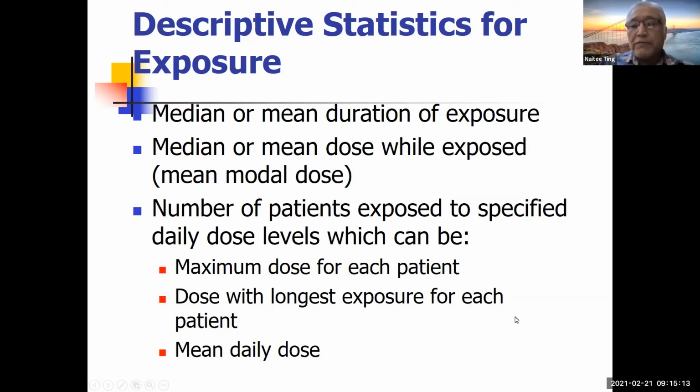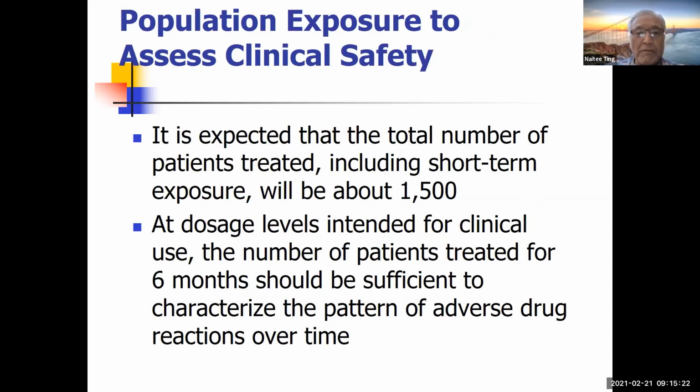If we design fixed dose, parallel trials, it's not that complicated. It is expected that the total number of patients treated includes short-term exposure. So these numbers are changing. Depending on the medical condition and the type of the drug, the requirements could be different.